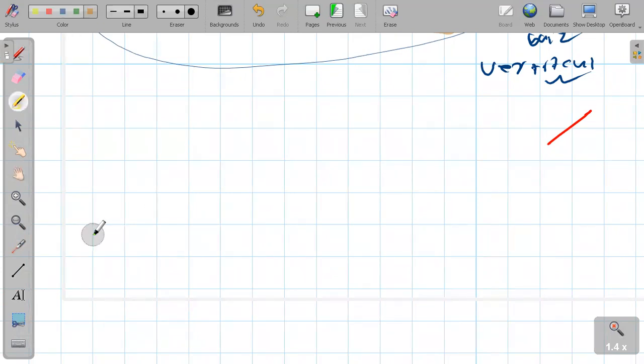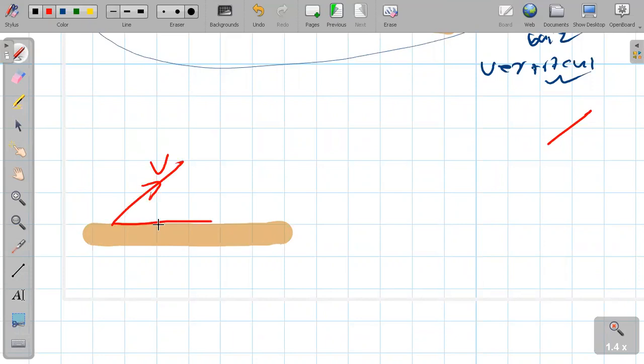It leaves the ground with the velocity of v at an angle of theta. And what is this component you get? This is v cos theta.